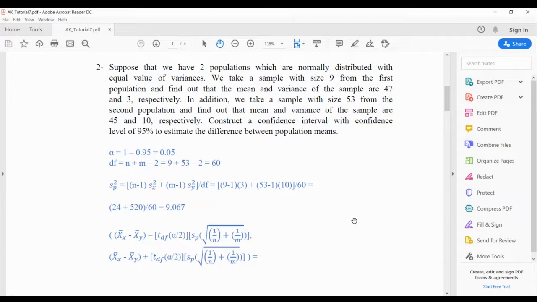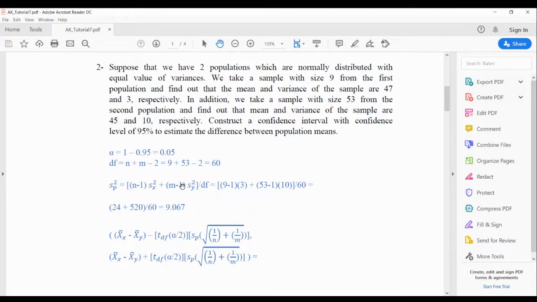So whenever we ask you about confidence intervals regarding two populations, we are dealing with the difference between population means. So when I want to construct the confidence interval, I'm talking about the difference between means of populations. And when I want to estimate it, this is x bar 1 minus x bar 2, or x bar x minus x bar y, instead of mu1 minus mu2, because those are the parameters, the difference between population means.